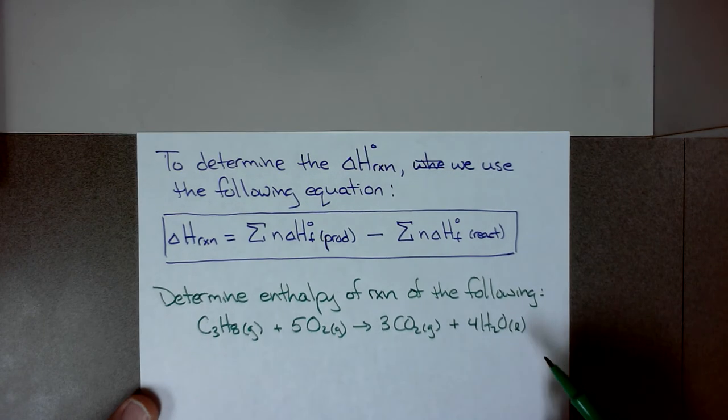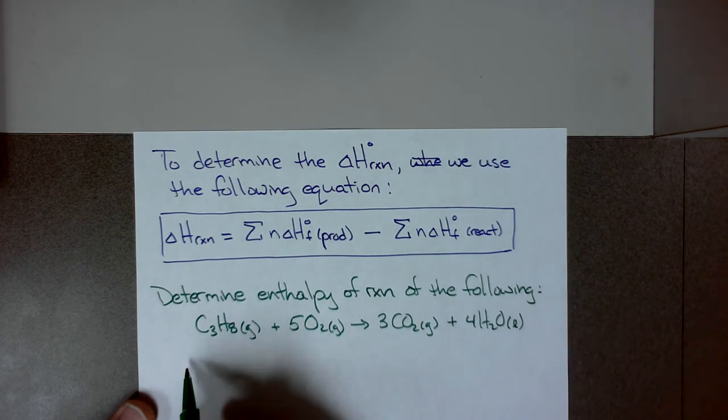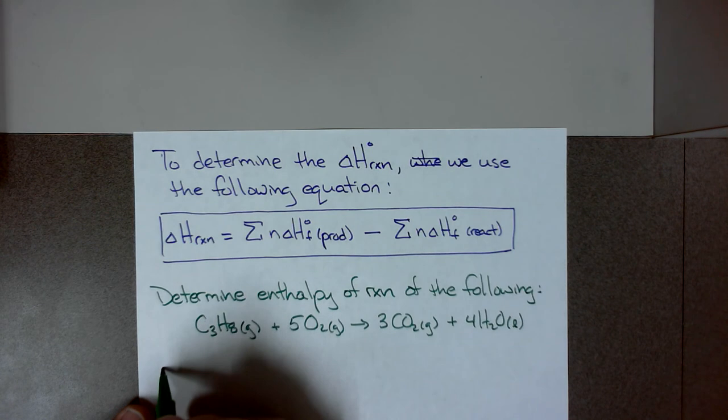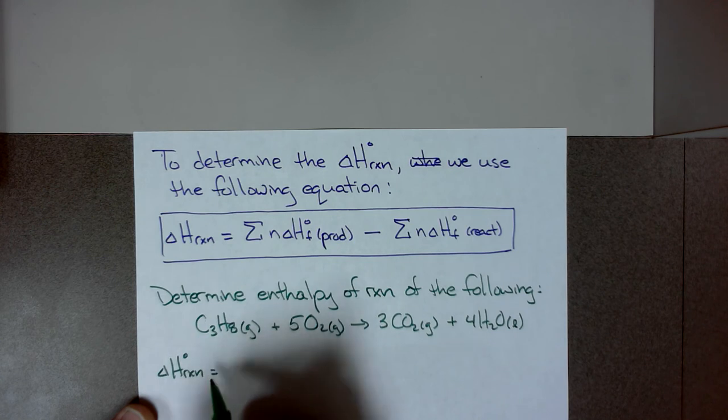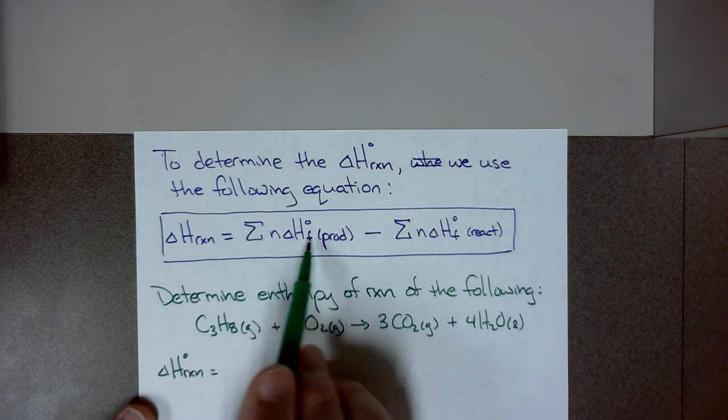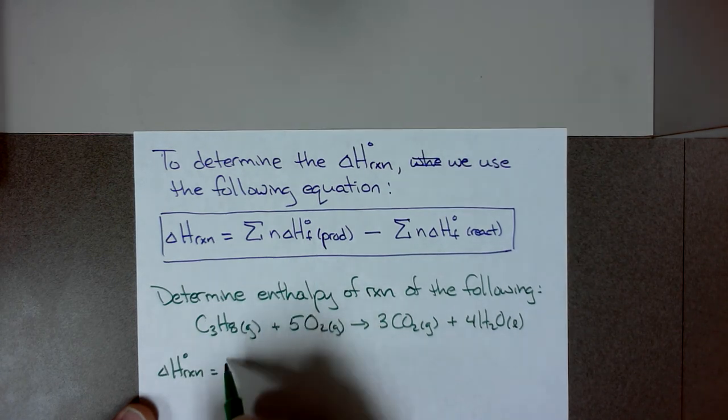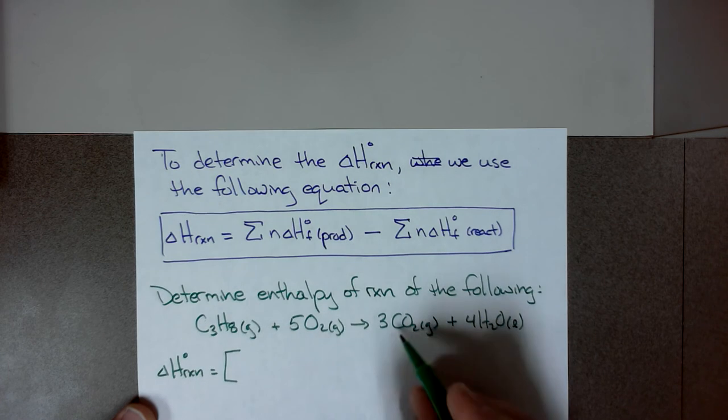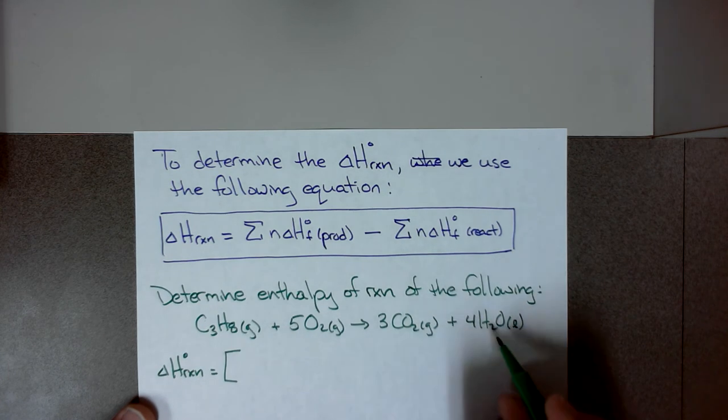And so my reaction, what we're going to do is the delta H of the reaction is equal to the sum of the products. So I'm going to put a bracket here, and our products are carbon dioxide and water.